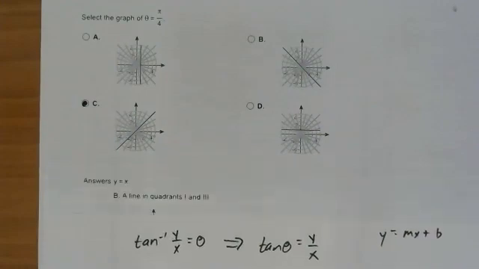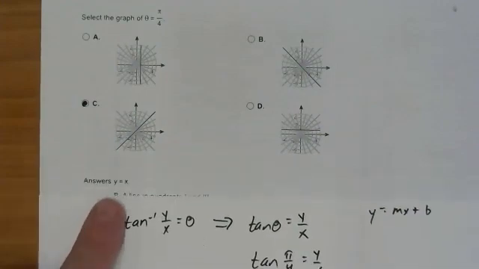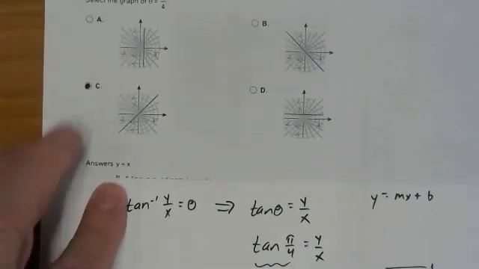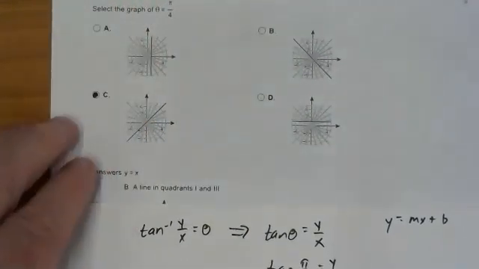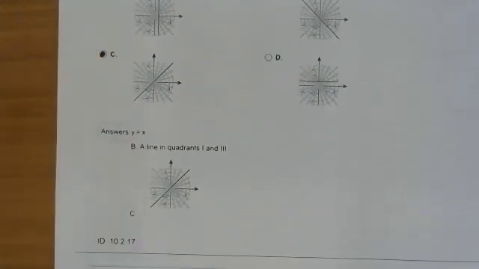We'll see if we're correct. There is the equation y equals x. The second part should be B, the third part should be C. All right, hopefully you remember how to do those, and they're not too bad.